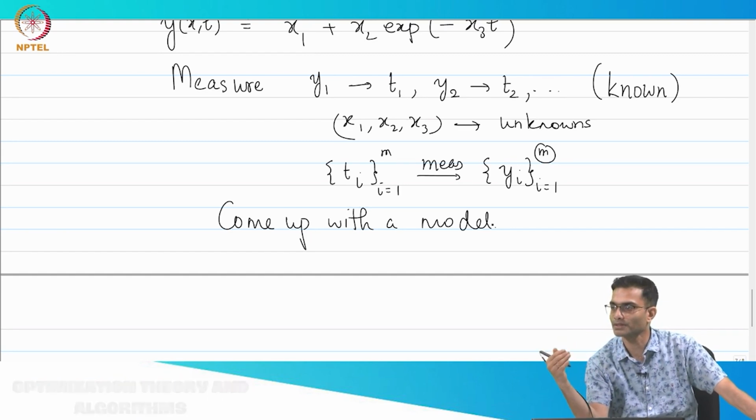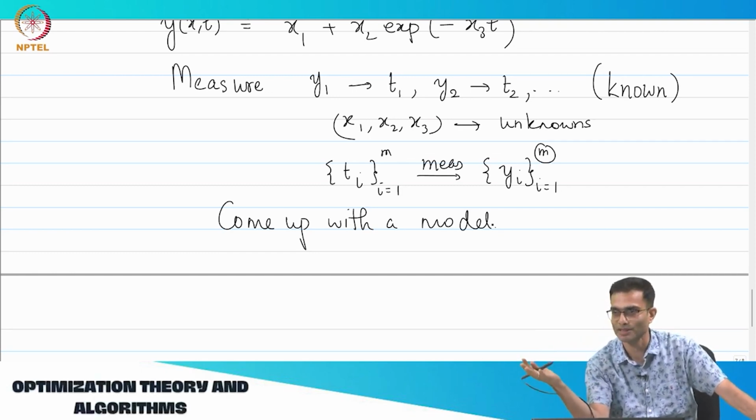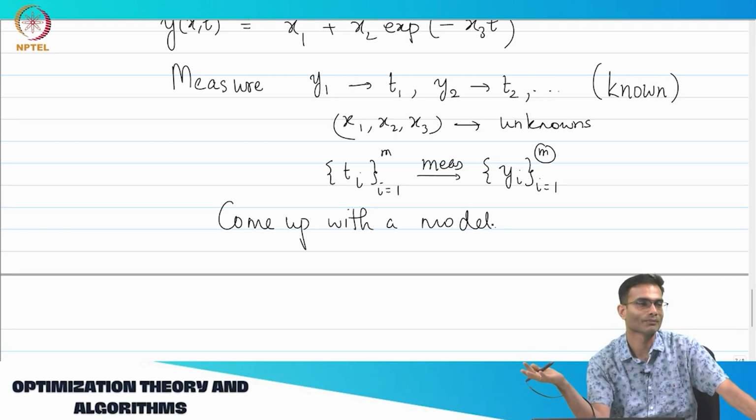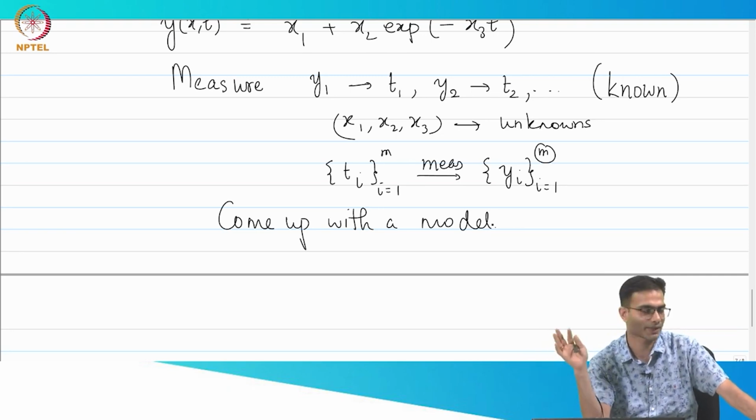Does the model prediction match the measurement? It will not. In real life problems it will not match. Why? Experimental noise, measurement noise is always going to be there. You will never get an exact match. That's obvious, right? So now that it doesn't match, how do I quantify this error?